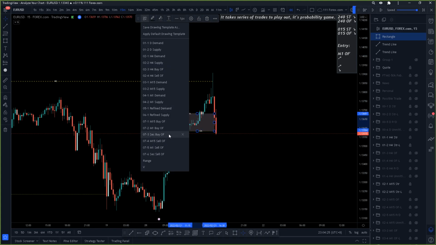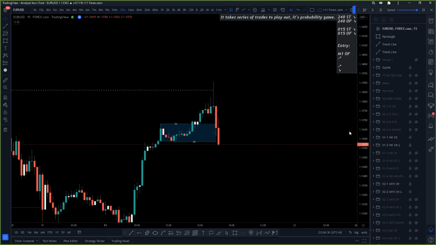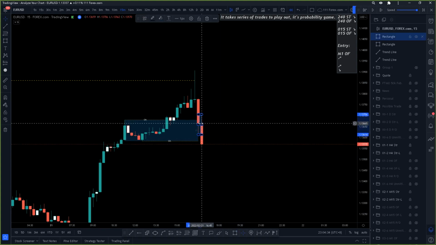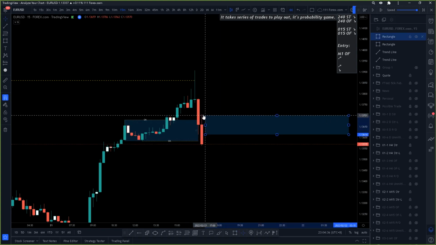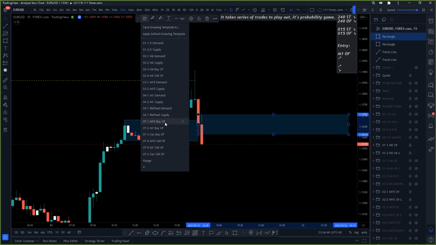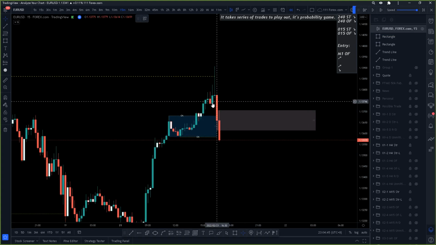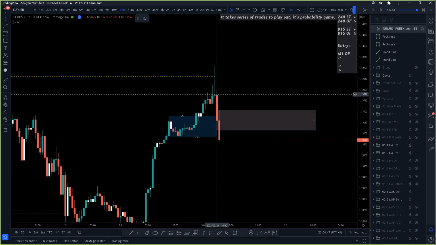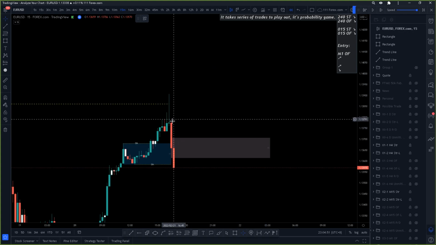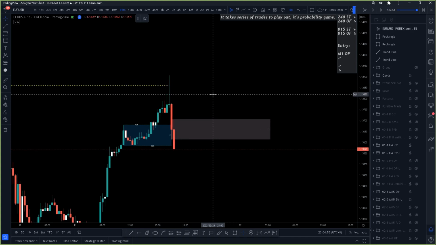And 15 buy. Yep. Here was my sell order flow. And 15 sell order flow. It didn't have much reaction unless you can see this weak. The mitigated one.